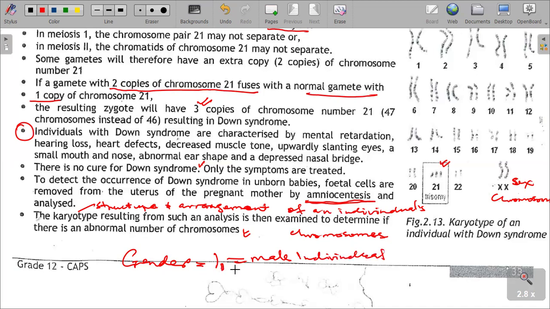This represents a male individual because of the presence of a short Y chromosome that you can see here.